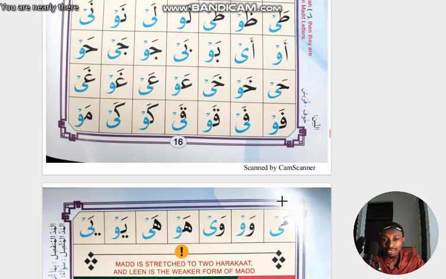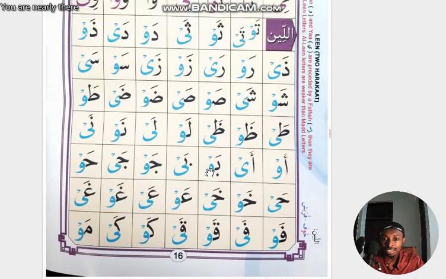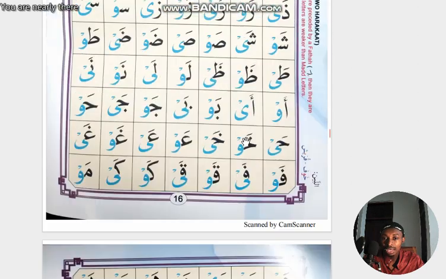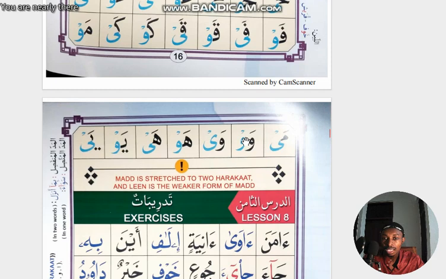On the next lecture we're going to see all the combined exercises. Madd is stretched to 2 harakats, and Leen is the weaker form of Madd. We're talking about this first part, and Al-Leen is the weaker form of Madd.